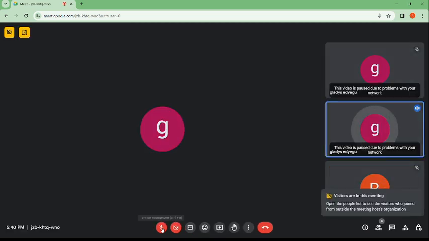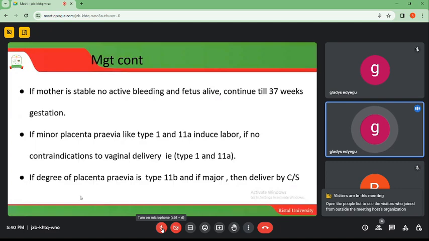The anterior is the one that is up and the posterior is the one that is down. So when you look at the type 2A, that placenta is seen at the anterior part of the uterus. Then type 2B is at the posterior part of the uterus.